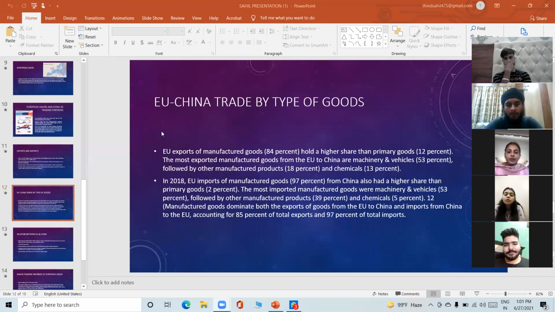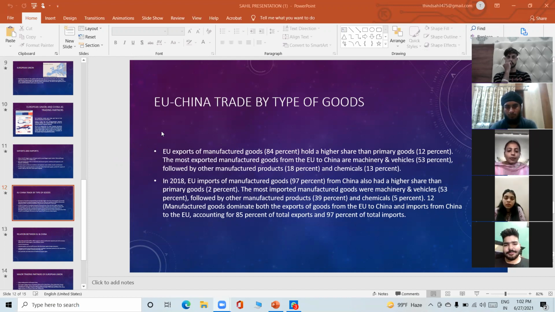European Union China trade by type of goods. European Union exports of manufactured goods were 84%, a higher share than primary goods at 12%. The most exported manufactured goods from the European Union to China are machinery and vehicles at 53%, followed by other manufactured products at 18% and chemicals at 13%. In 2018, European Union imports of manufactured goods from China were 97%, also a higher share than primary goods at 2%.